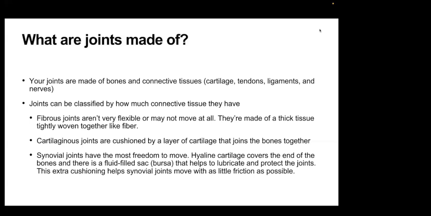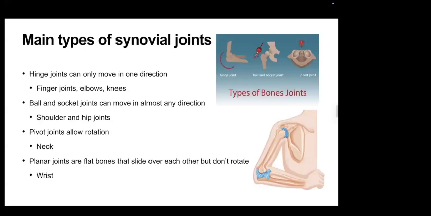They tend to have a little bit of bone with an area of cartilage at the end of the bones. It helps them move. They also have the bursa, a fluid-filled sac that allows the surfaces to slide over each other without causing much friction. So that's where the main part of this conversation is going to be. And please enjoy.